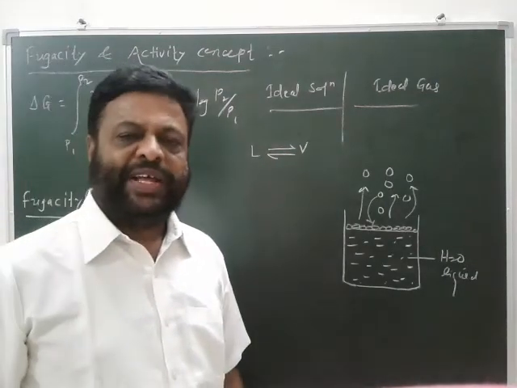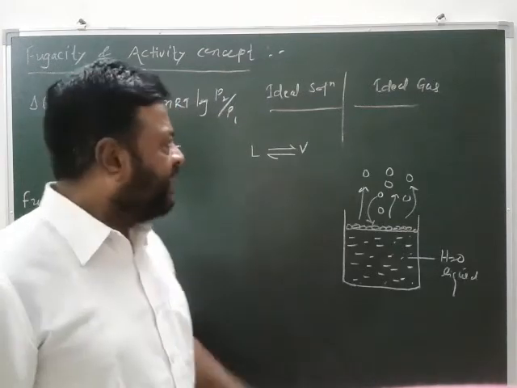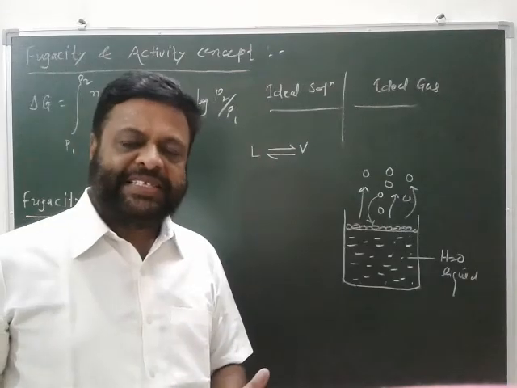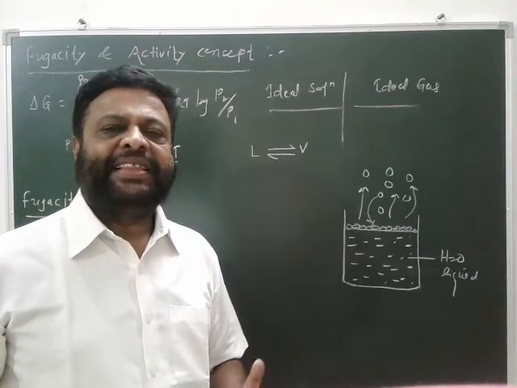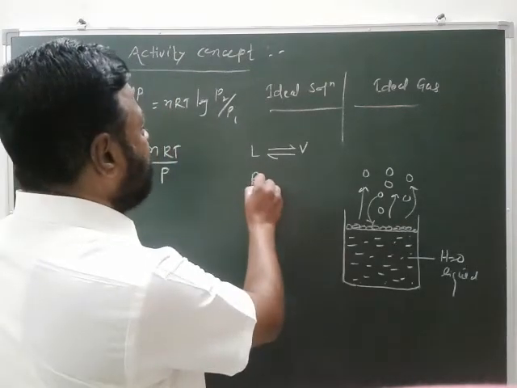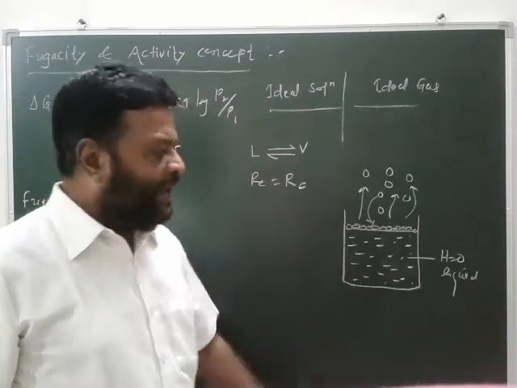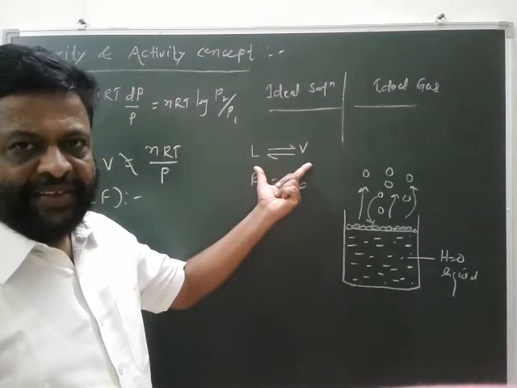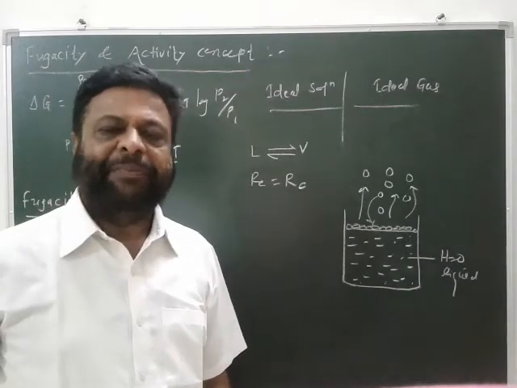This process is known as condensation. Initially the rate of evaporation is very high and the rate of condensation is low, but after some time the rate of evaporation is equal to the rate of condensation, and the water is at equilibrium state, that is, liquid is in equilibrium with vapor.